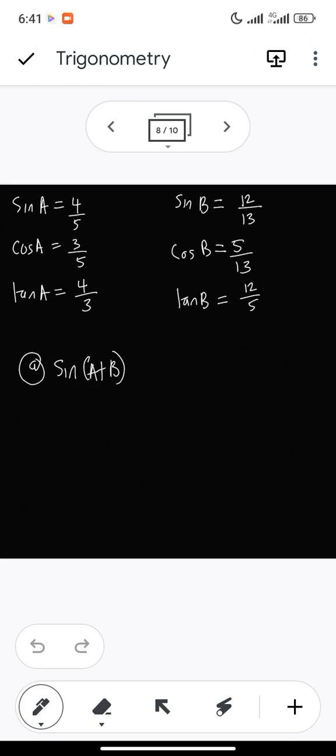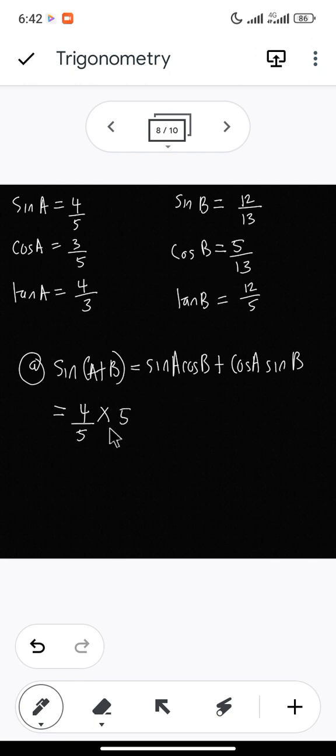So sine A plus B gives us sine A cos B plus cos A sine B. From this, sine A is 4 over 5, cos B is 5 over 13, cos A is 3 over 5, sine B is 12 over 13.